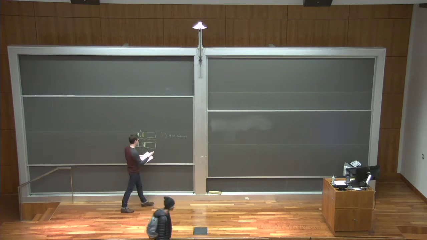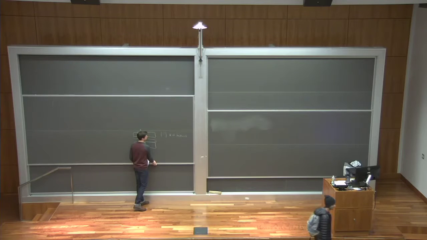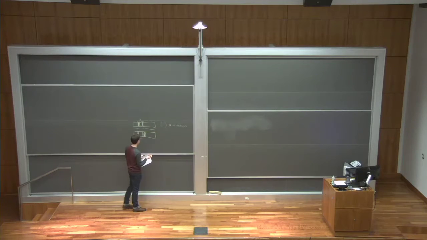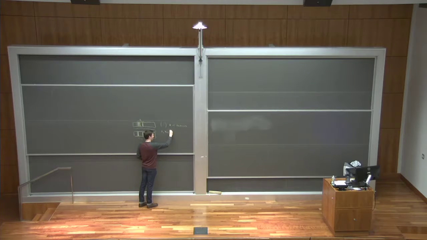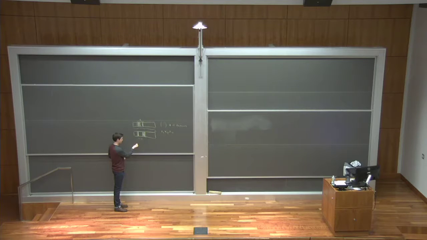Okay, let me just try and see if I can work this out. Basically the idea is that we want to figure out all of the possible different combinations of the Boolean variables. So we could have a set which is x1, x4, and x7. Let's say that r was equal to 3.